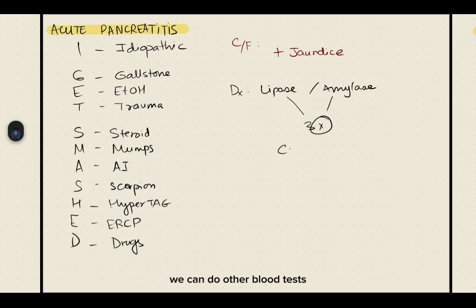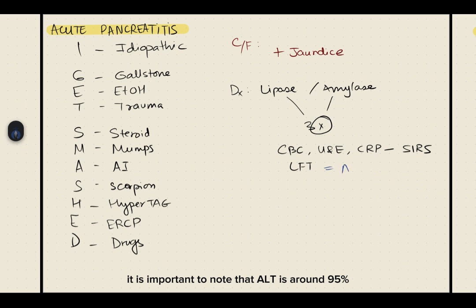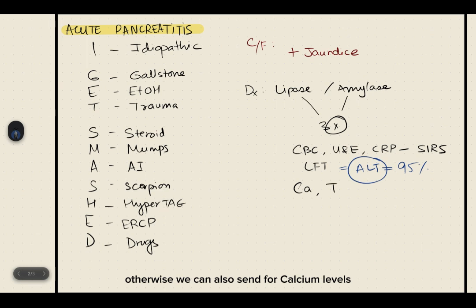We can do other blood tests, so CBC, U&E, CRP to look for any systemic inflammation, and LFTs to look for any gallstone or obstructive causes of pancreatitis. It is important to note that ALT is around 95% specific for biliary pancreatitis. Otherwise, we can also send for calcium levels and triglyceride levels.